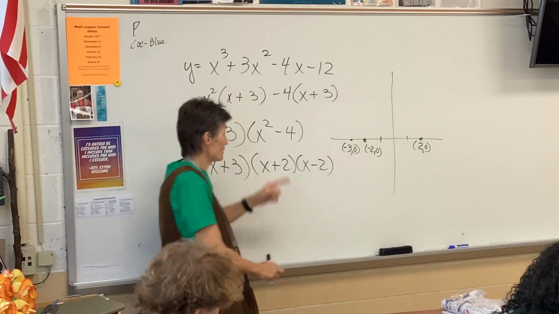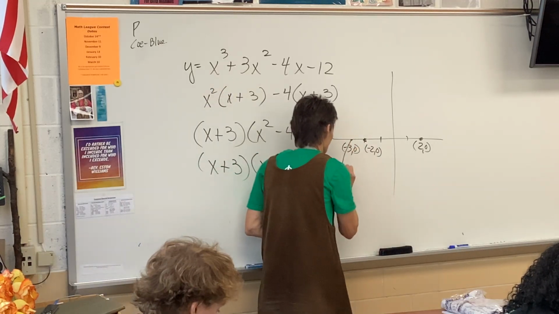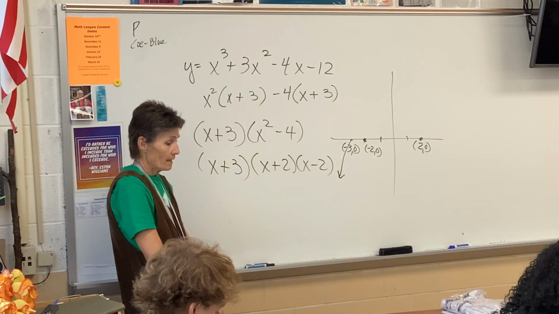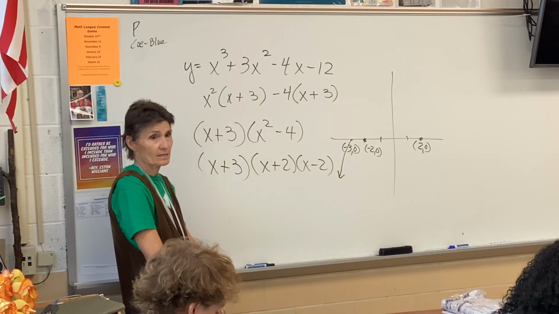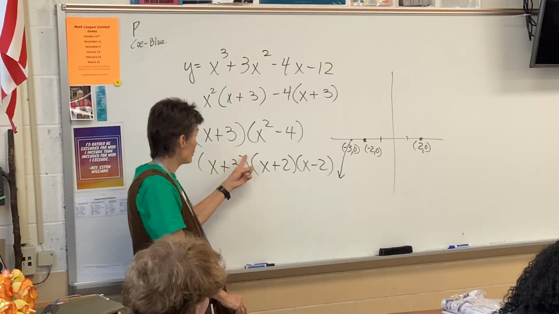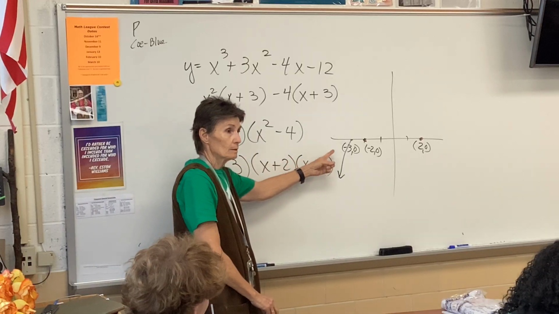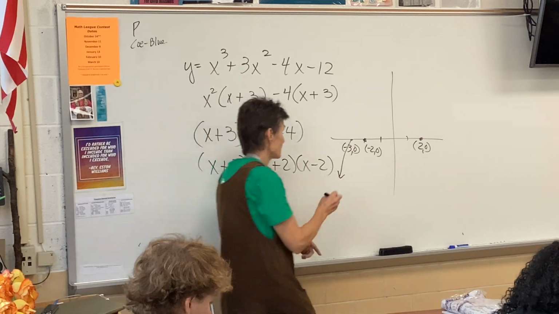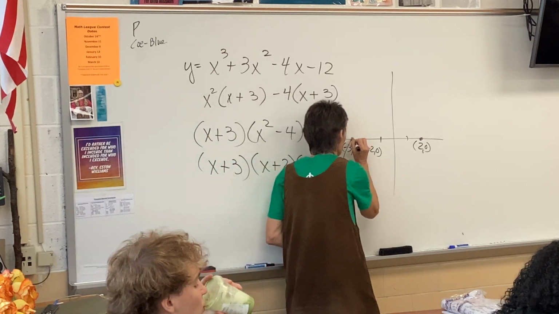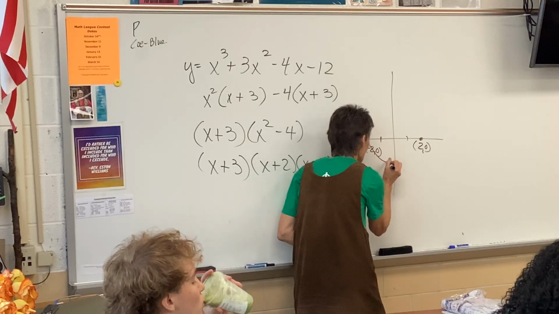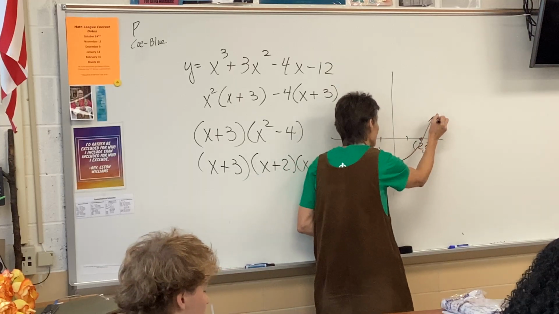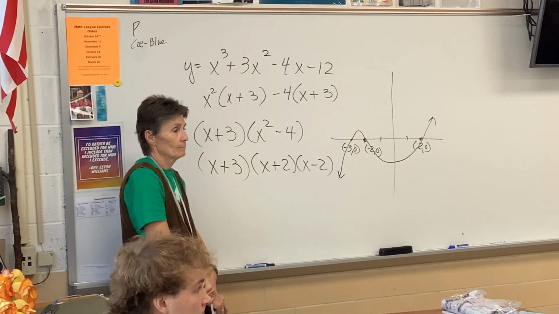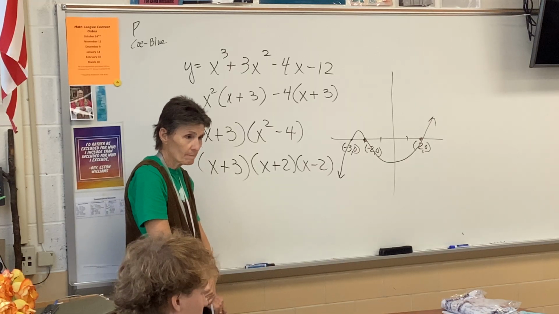And x cubes are gonna start down here. Yep. And just exactly like the last one, there are no exponents. So that means go through and connect, go through and connect. Got it?